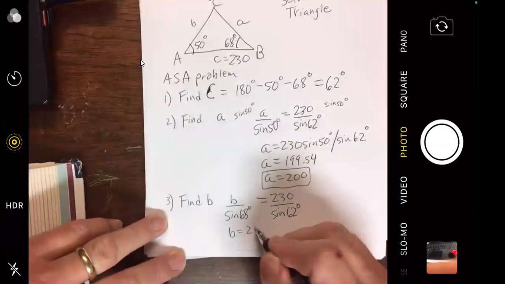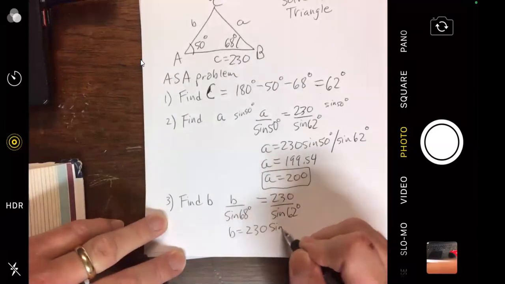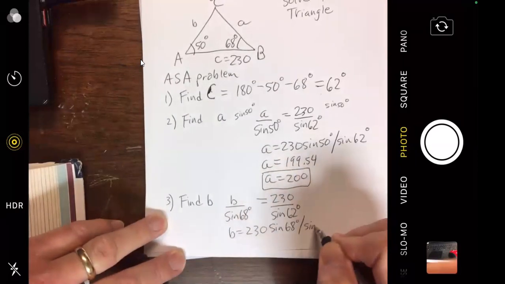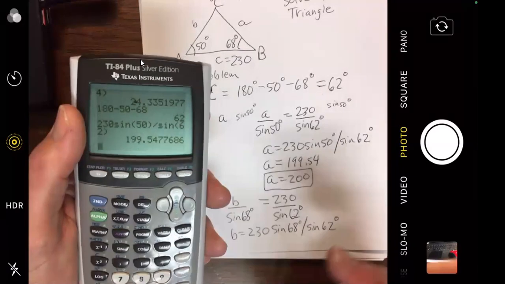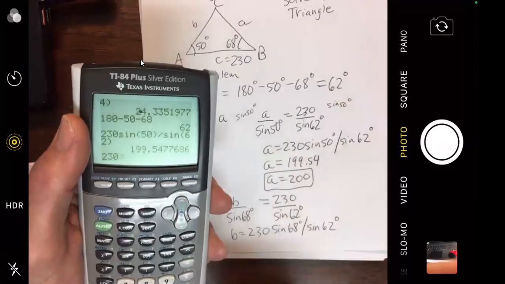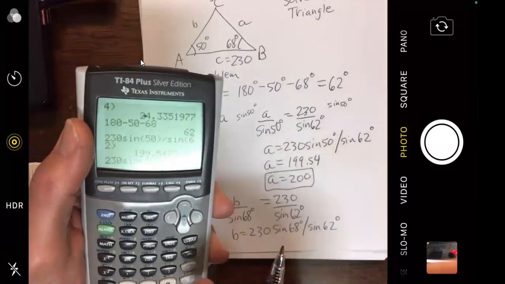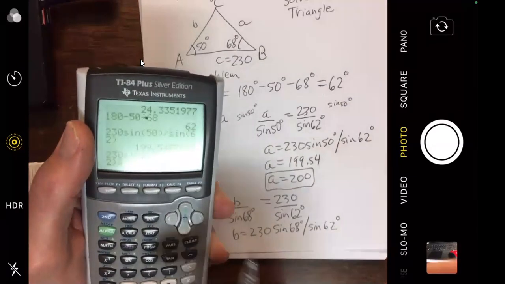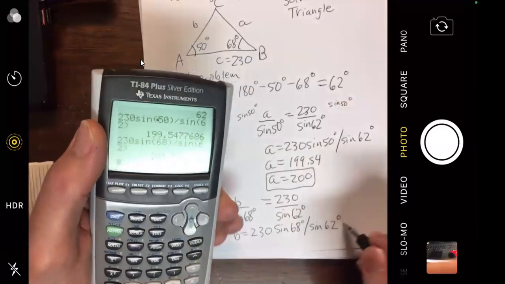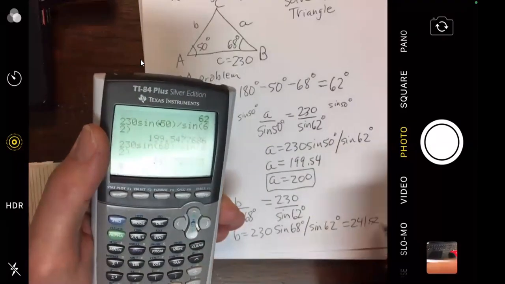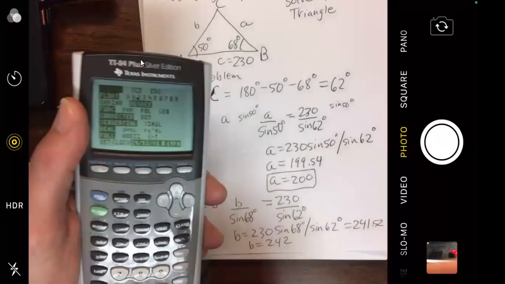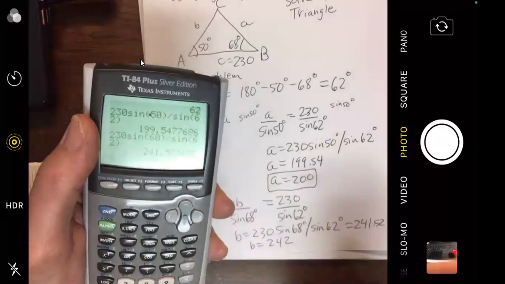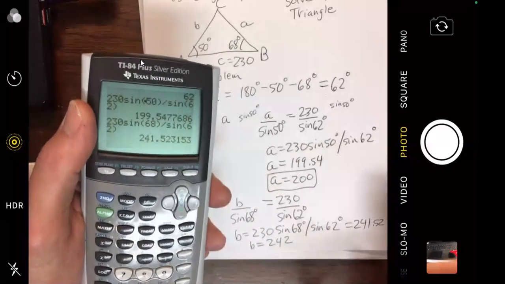Write it out. 230 sine 68 degrees divided by sine 62 degrees. 241.52. They usually call that 242. Sure, yes, I was in degree mode. 241.52, 242.